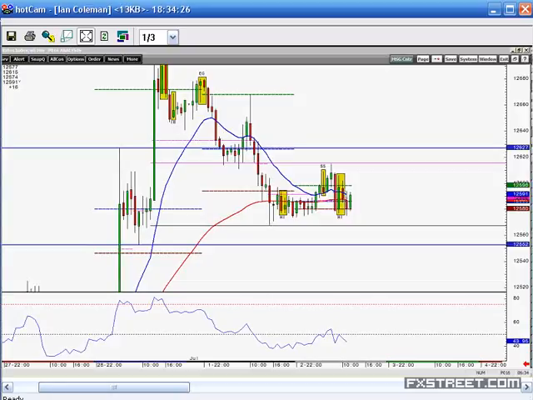So my bias is to the upside. It hasn't breached that 125.52 level. I think it's a corrective period, and I'm still looking to take longs. I am a trend follower. Any questions?